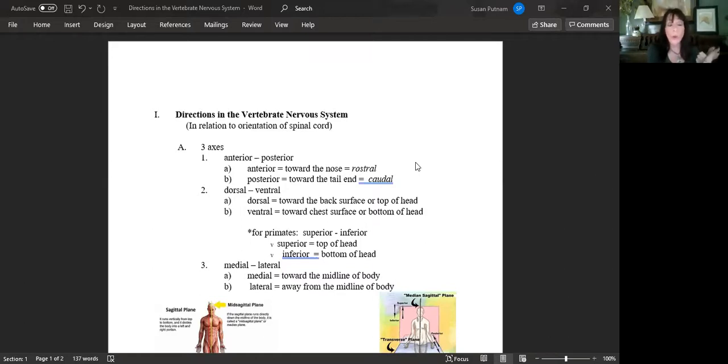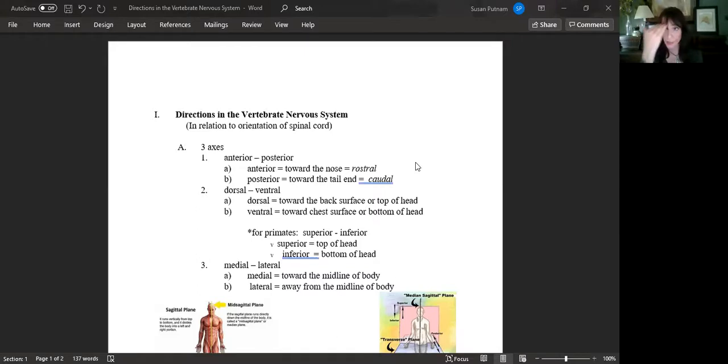Then there's the dorsal and ventral. Dorsal is toward the back surface, if you think of a dorsal fin on a dolphin, or the top of the head. So this would be dorsal. Ventral is toward the chest surface. Think about ventilate, ventilation, breathing, or the bottom of the head.